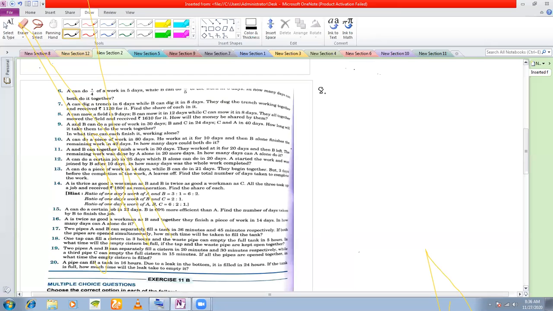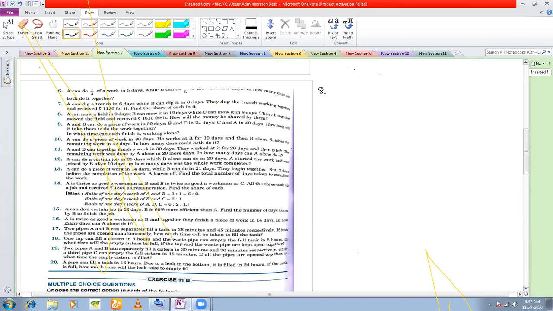C says that I will get more than B because B is taking 12 days. I am only taking 8 days to finish the work, right? So whoever finishes the work in less number of days is a more efficient worker, and therefore he must get more money. So the division cannot be equal.